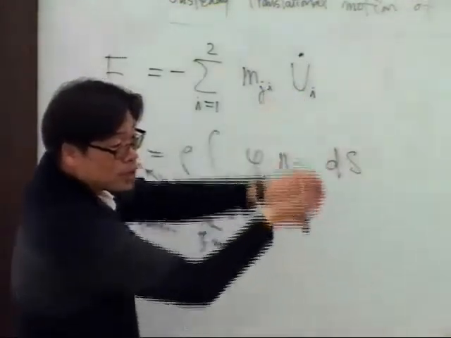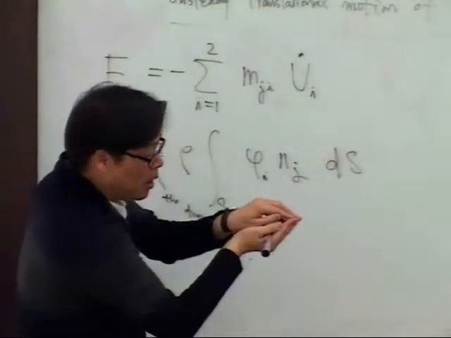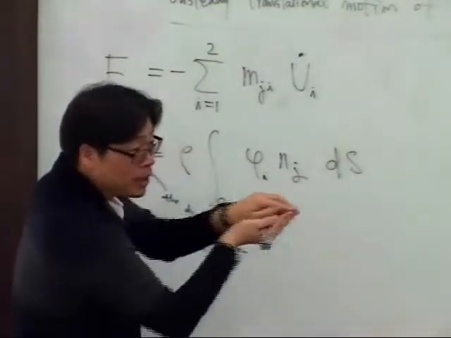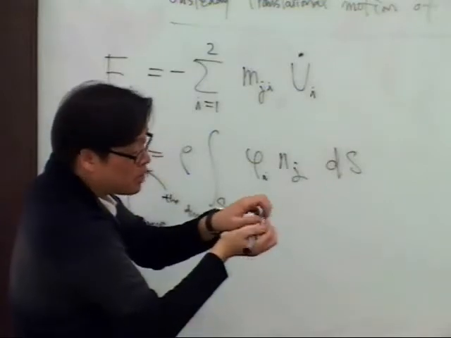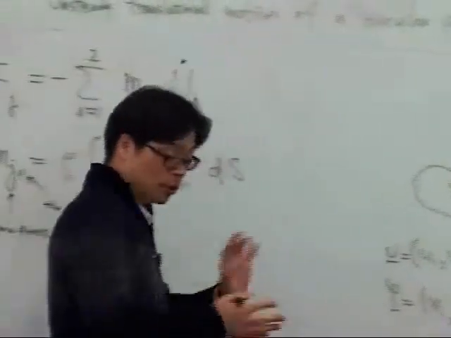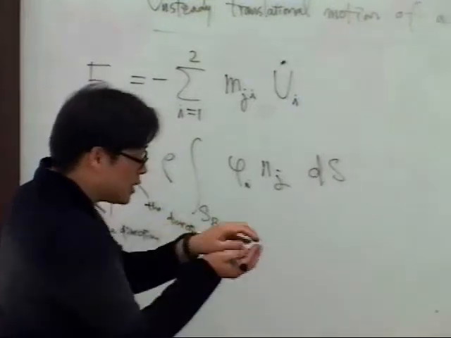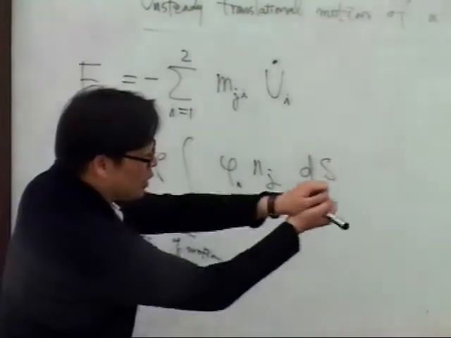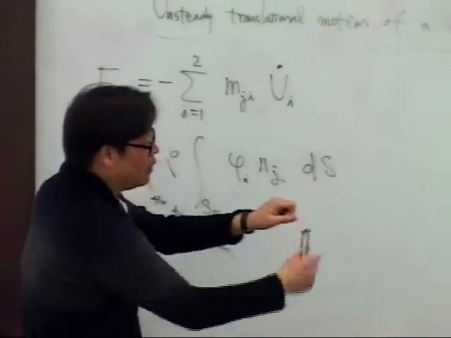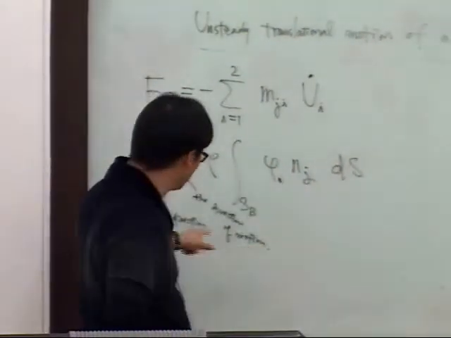So there is no force in this direction. You only feel force in this direction because the body is accelerating or decelerating. But for a general body, we are looking at an arbitrary body, which we don't assume any symmetry. When it is moving in the x direction, you still can have a force in the y direction as well. Of course, you will have a force in the x direction.